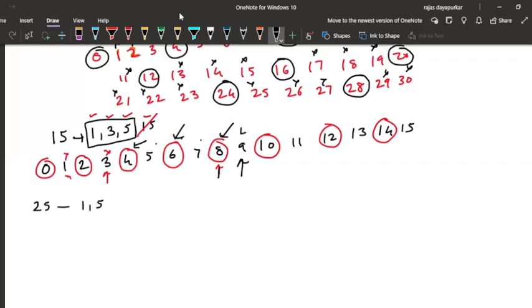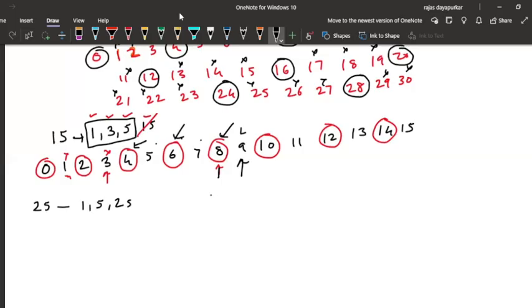1 and 5, right? Right. So again, 2 will be winning, 3 won't be winning, right?